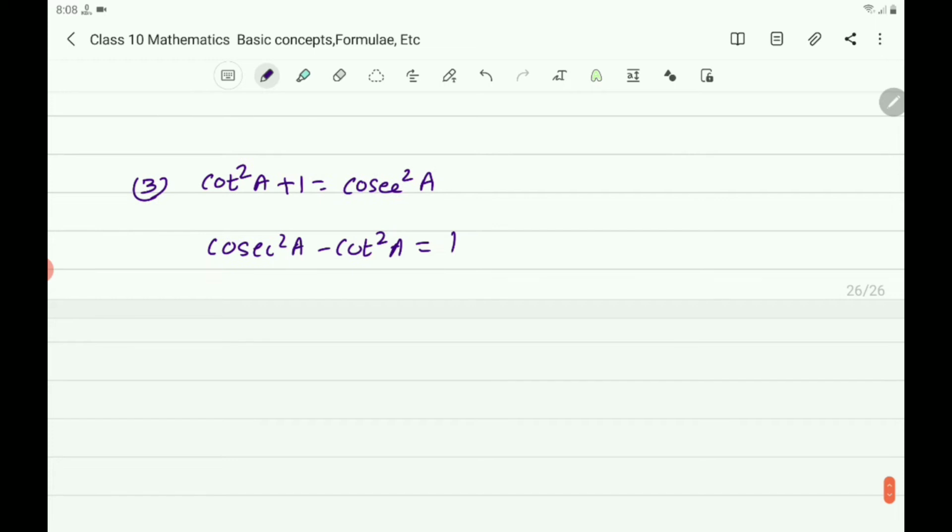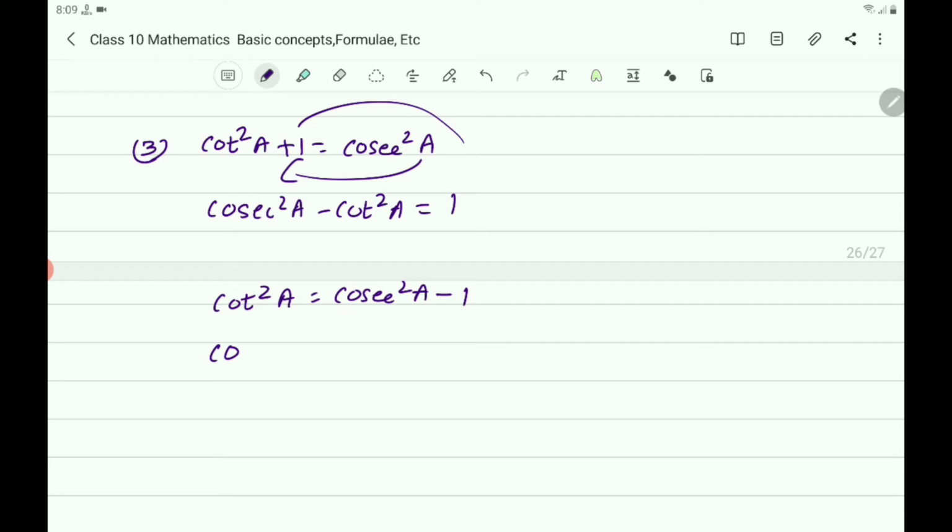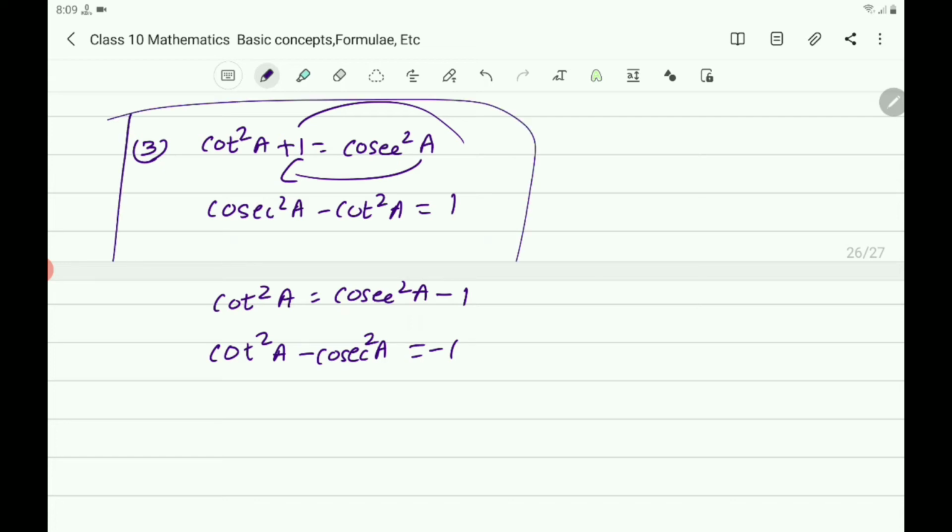And also cot square A equals cosec square A minus 1 also you can write. Then if you transfer cosec square A towards the LHS and 1 to the RHS, then it becomes cot square A minus cosec square A equals minus 1. Here according to the situation, you must use this relation.